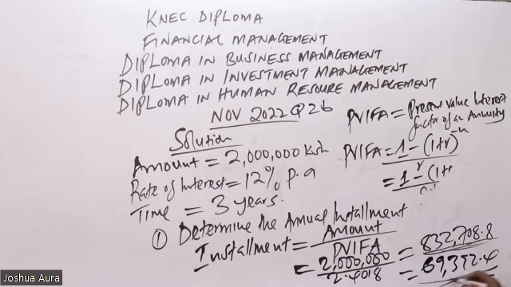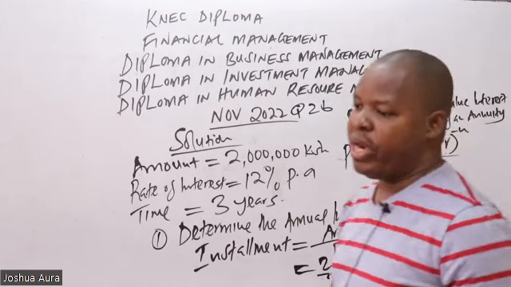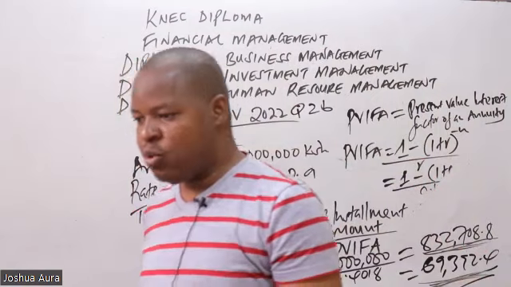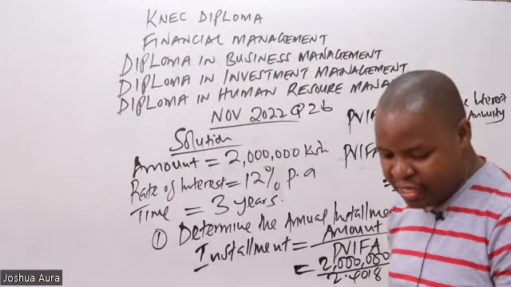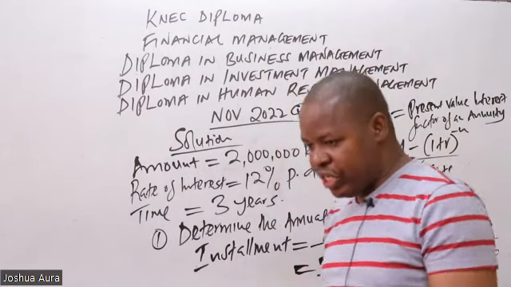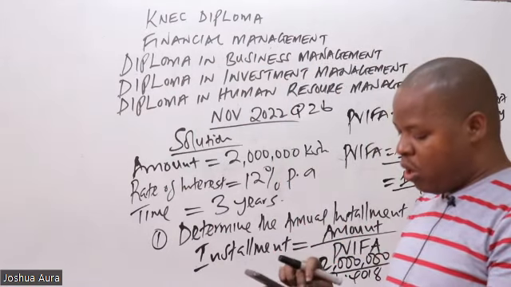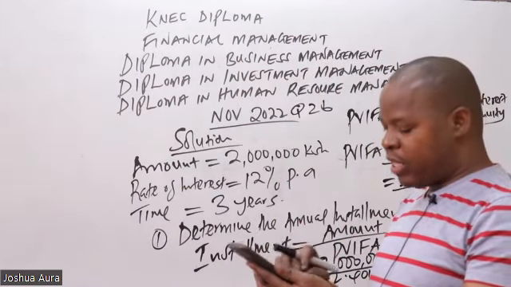But this one is monthly installment. I've just shown you how to get monthly installment, but that was not requested by the examiner. So can we move now to the second part of the question?